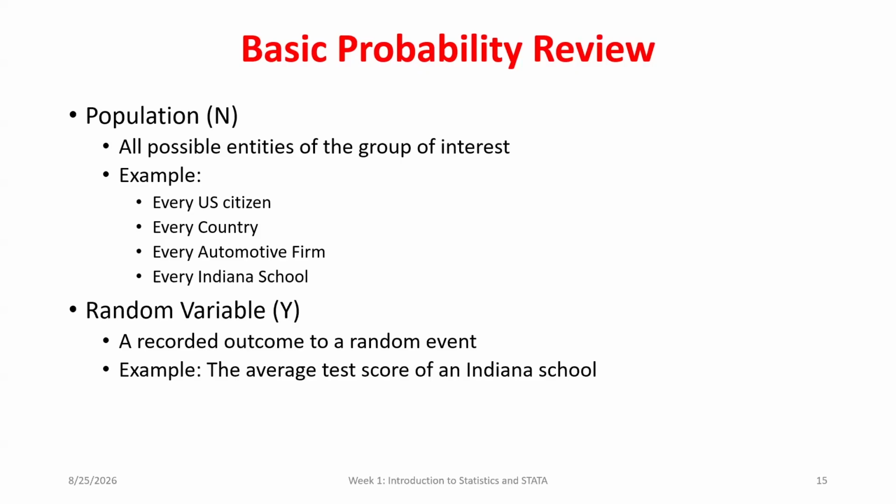Now, if I'm thinking about something like going out and grabbing test score data from Indiana schools, think about the different values I could see. Let's say this is a test from 0 to 100. I could go out and see that this specific school had an average score of 79 and this other one had 84. Well, I know that if I was just to select one school at random, it's much more likely I see something around 70 or 80 as opposed to a passing rate of 0.